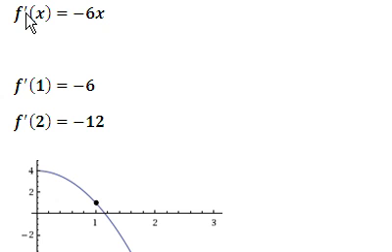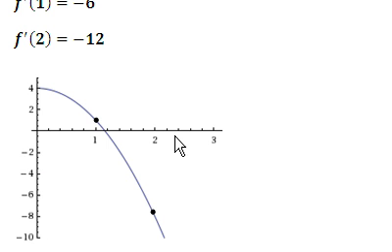Now, if we took the derivative of our function, we get -6x. And if we evaluated it at 1, we get -6, and evaluating it at 2, we get -12. Now you notice that -9 lies somewhere in between. Okay, so we are between 1 and 2. Now the average between 1 and 2, remember, was -9.